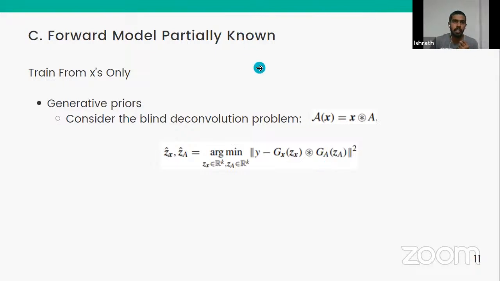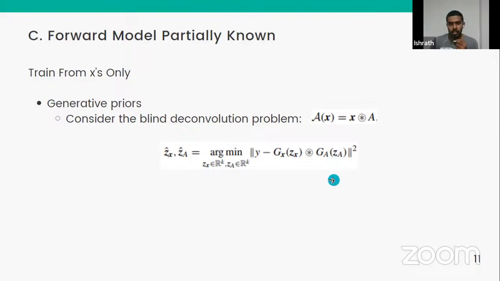Since we have some statistics about this forward model, we can simulate a bunch of various forward models using those statistics, so we will ultimately be able to find out the distribution of the forward model.